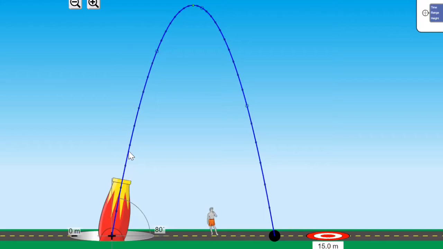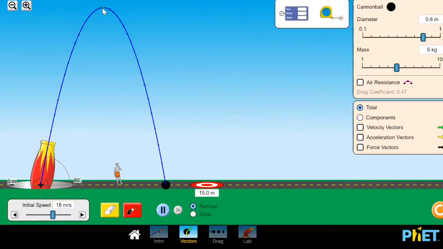So as the object moves upward, the y component of velocity is decreasing. And at this point, the maximum height, Vy is equal to 0. It means the object is no longer rising and it begins to fall. So here is the maximum height.